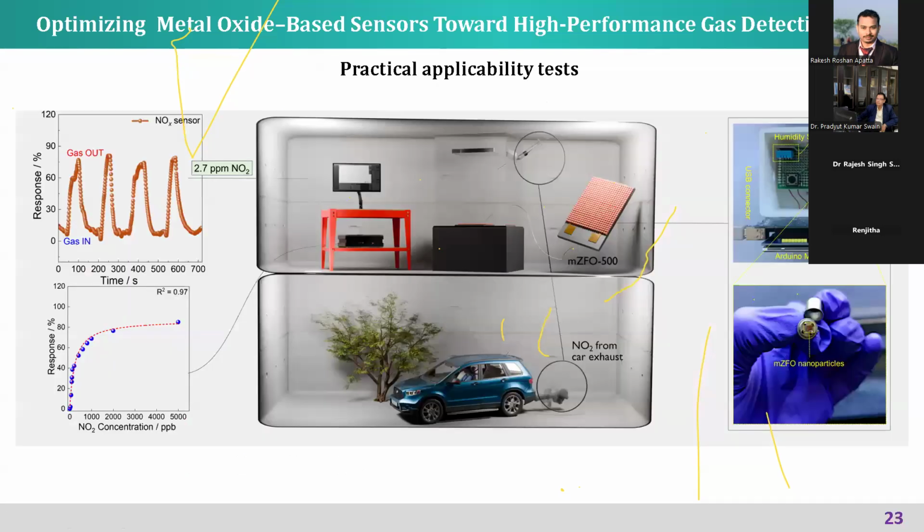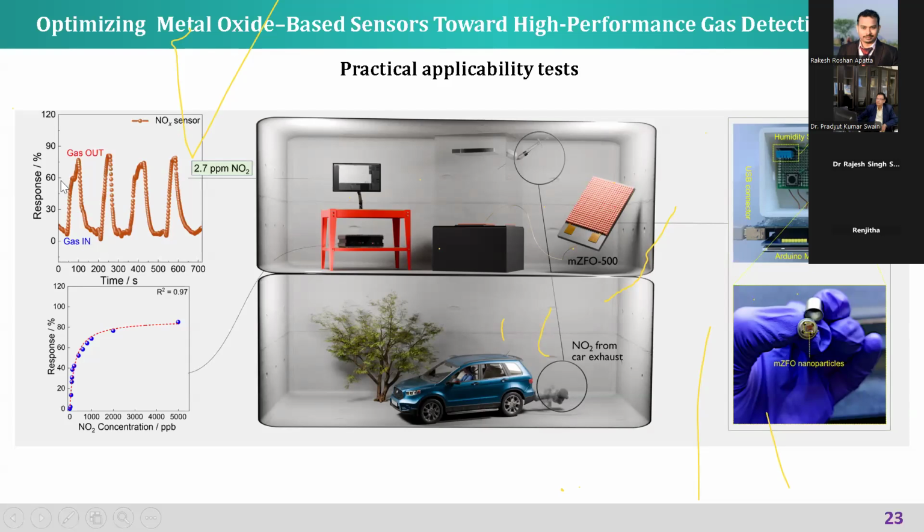We also show the practical applicability of these sensors by preparing this type of prototype. In this prototype, we take the sensor and mount it on a platform along with the humidity sensor, controlled by the Arduino. The Arduino is shown here. Now we expose it to different ambient conditions.